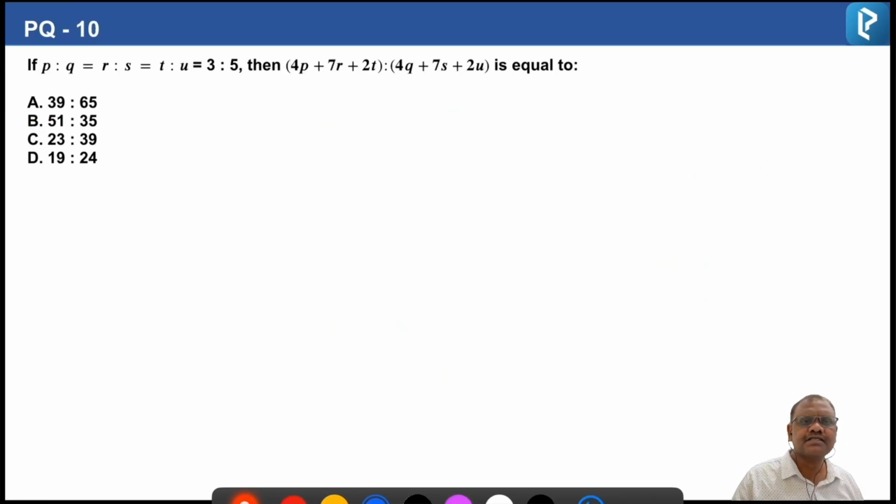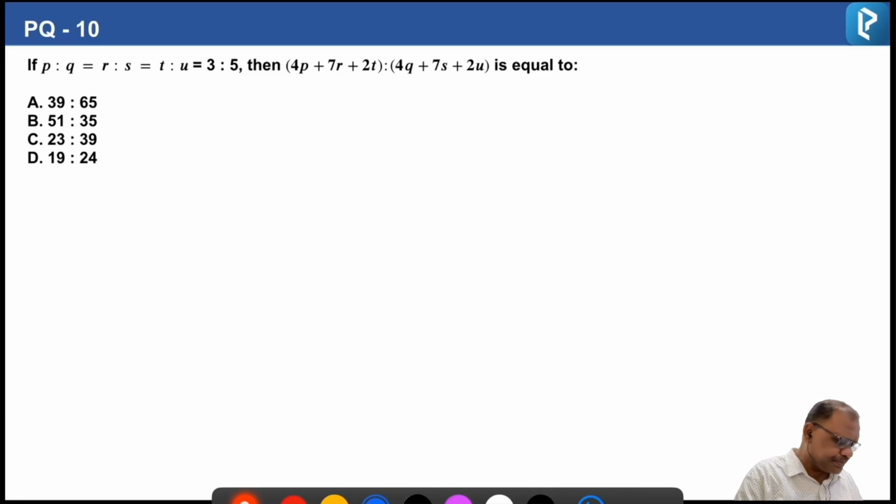Moving on to the next question, question number 10. Here the three ratios P is to Q, R is to S, T is to U. All these three ratios are equal to 3 is to 5. He is asking to find out the ratio of the two expressions.